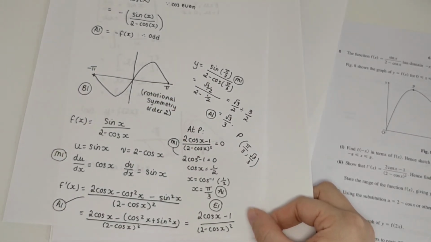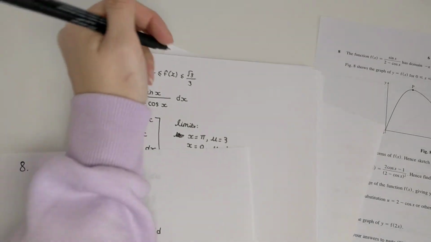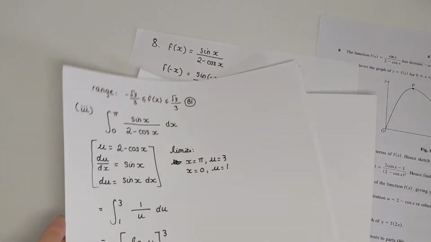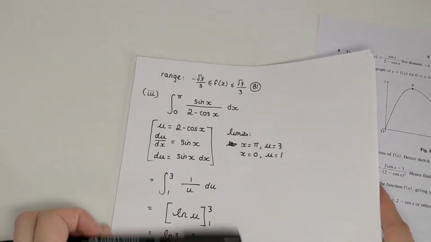And then B1 for the range, and it's a follow through, so whatever y value you got there is what you're going to put in there.